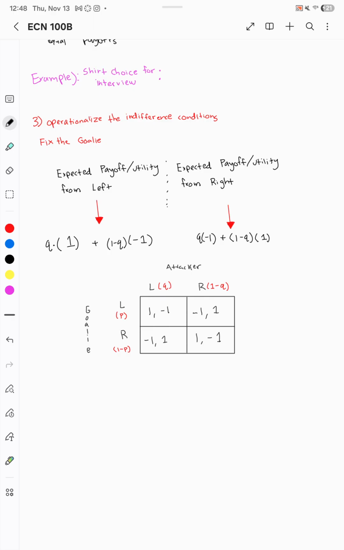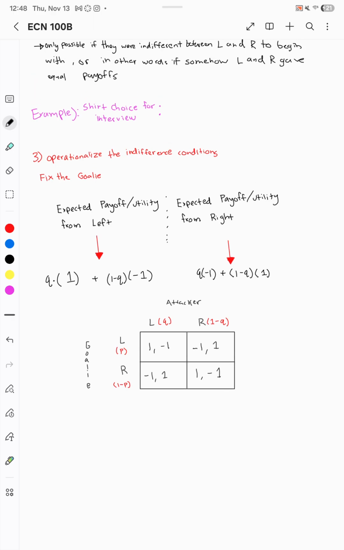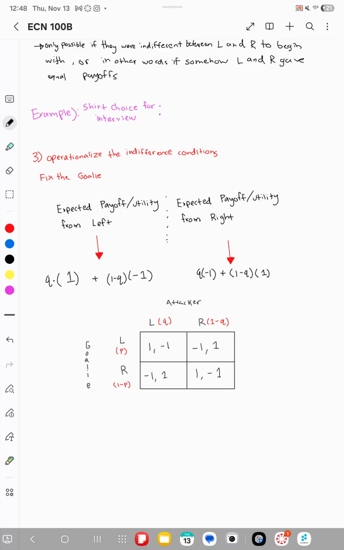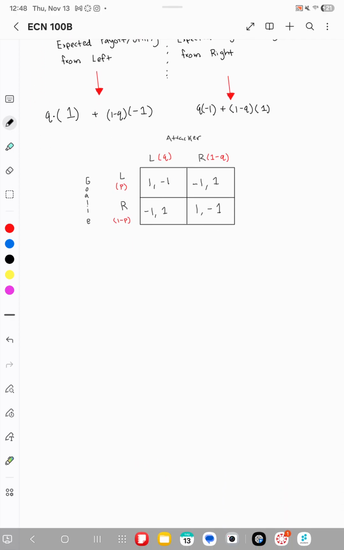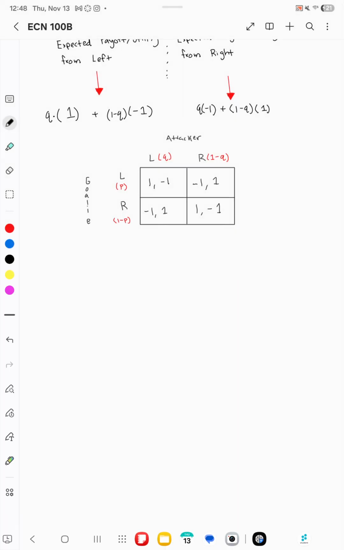Now, think about point 2. Step 2 was that randomly choosing one of these actions, which is happening for the goalie, requires indifference between actions. So it must be that the goalie is indifferent. So I'm going to write the next step down, which is the goalie must be indifferent. Where is this step coming from?